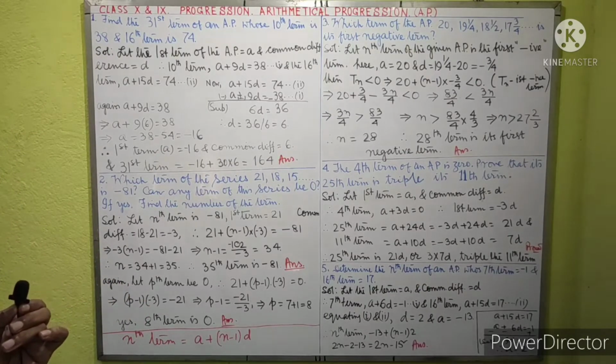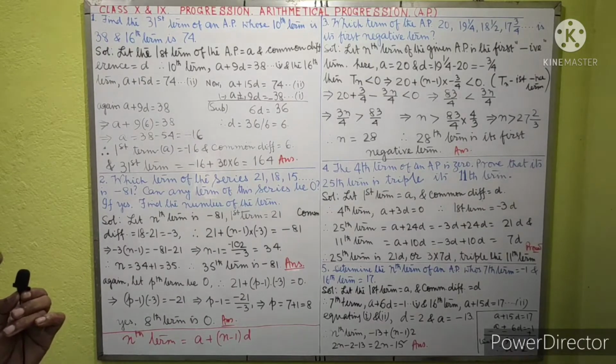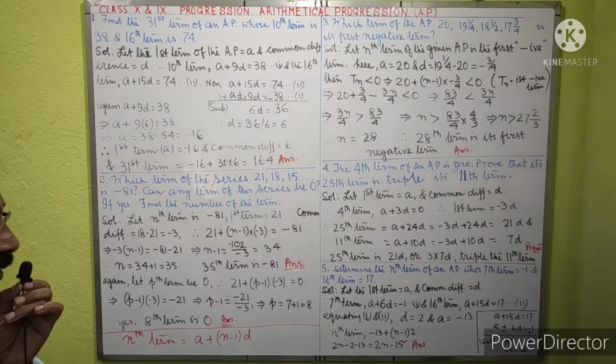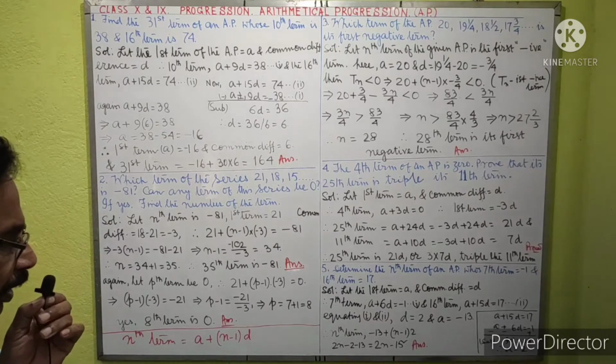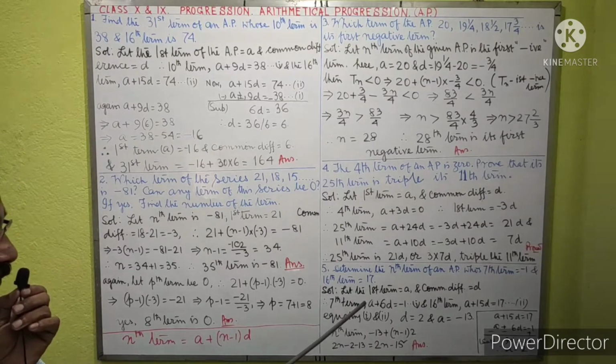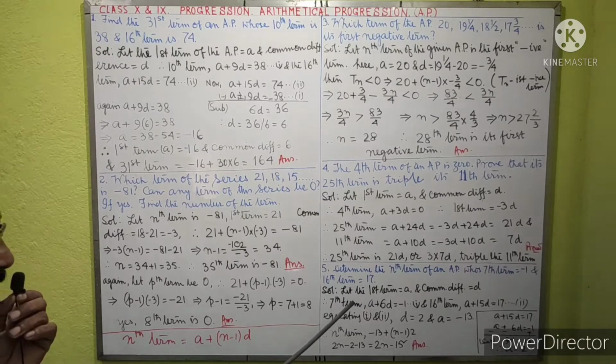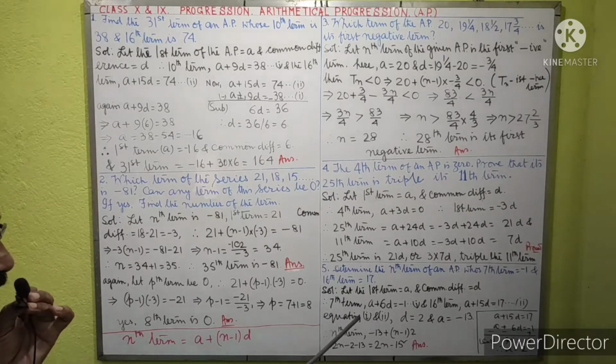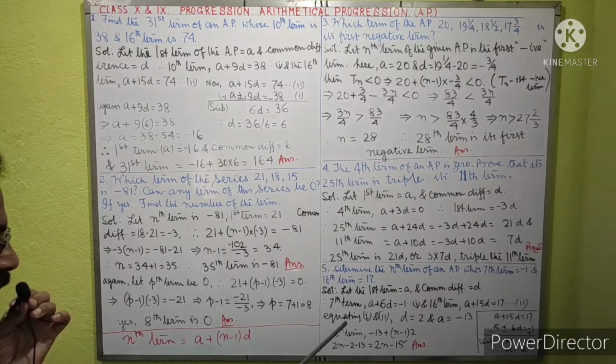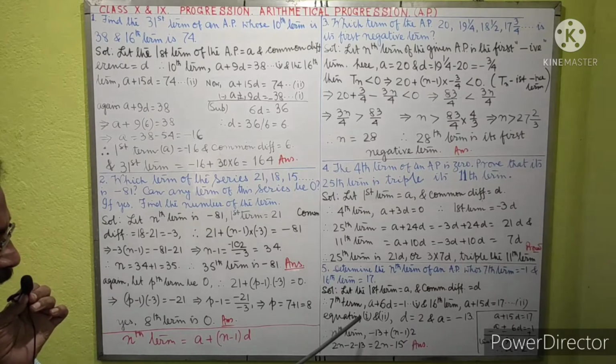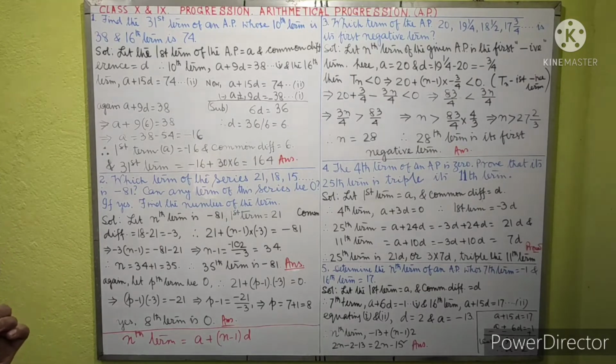Question number 5. Determine the nth term of an AP whose 7th term is minus 1 and 16th term is 17. Let the first term be A. Always remember that the first term is supposed to be A and the common difference is D. Therefore the 7th term will be A plus 6D equal to minus 1, and the 16th term is A plus 15D equal to 17.